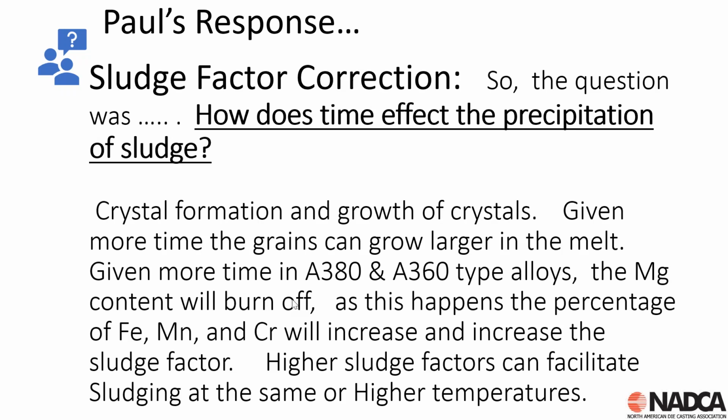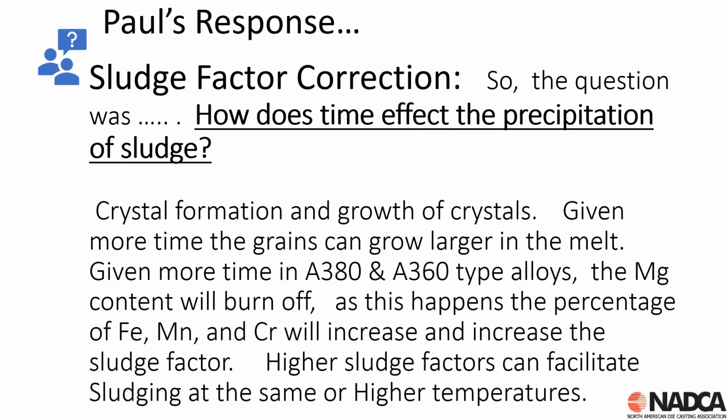So the question was, how does time affect the precipitation of sludge? Well, that crystal formation is going to grow, and in launder systems or holding pots, we can get larger grain growth in alloys like A380 and 360. The other thing that can take place is if a furnace is just sitting, with a 360 type alloy, you can burn the magnesium off.